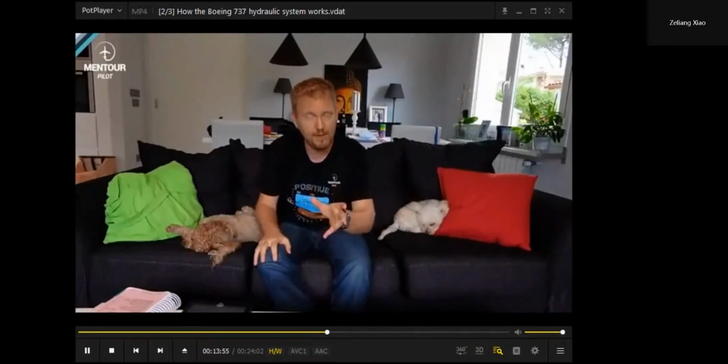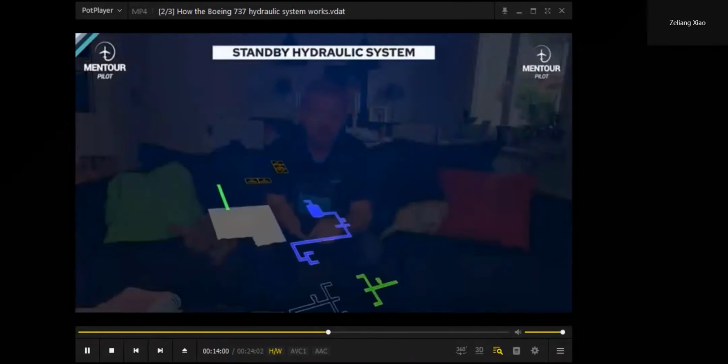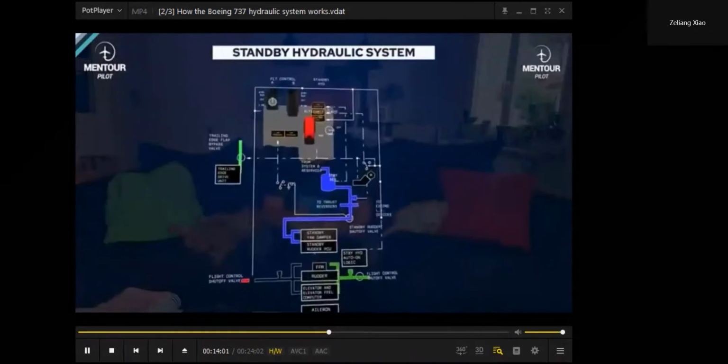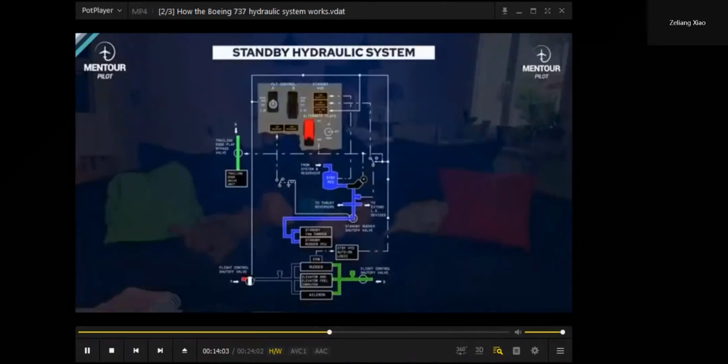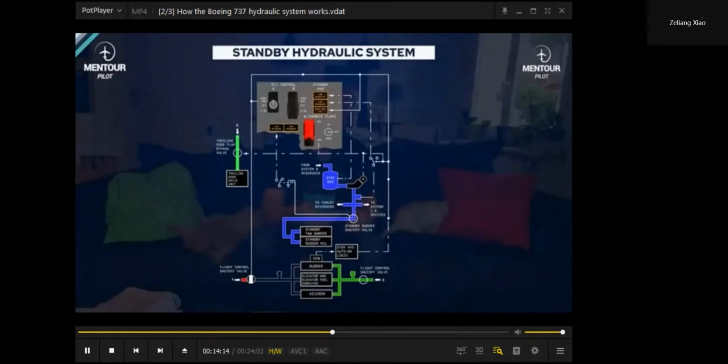Okay? And then you have the standby system. Now the standby system works to kind of pick up the slack from, for example, the thrust reversers. So if you have a failure of system A, well then the normal thrust reversers are not activated, but the standby thrust reversers are, albeit at a very slow rate. So you might get one thrust reverser opening up quickly, the other one slower using the standby system. So that might give you a bit of a yaw on landing.